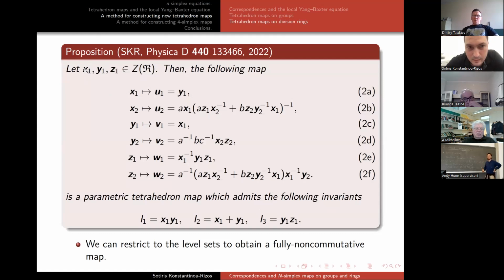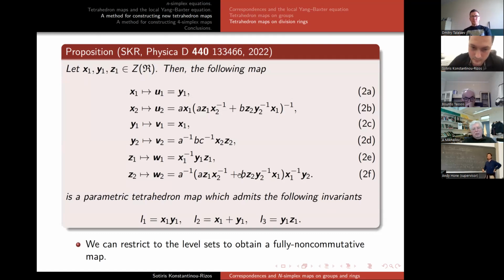Here, I assume that the x variables with index 1 belong to the center of the ring, and the rest can be fully non-commutative, so they do not commute. This x2, z2, and y2 inverse do not commute.